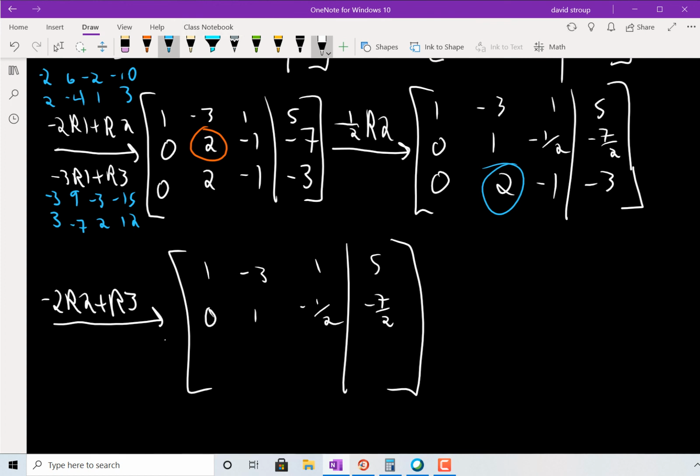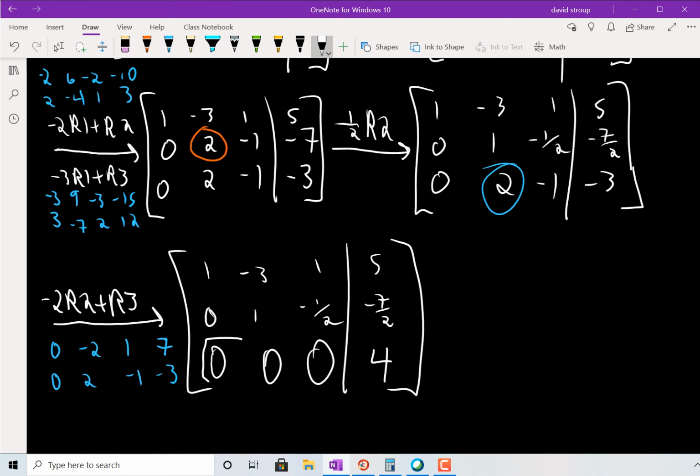Okay, the arithmetic. -2 times row 2. So I get 0, -2, 1, and 7. And I'm adding that to 0, 2, -1, -3. So I end up with, after adding, 0, 0, 0, and then 4. Okay, that's the big red flag.